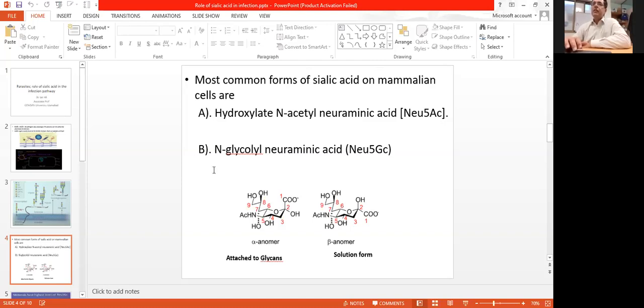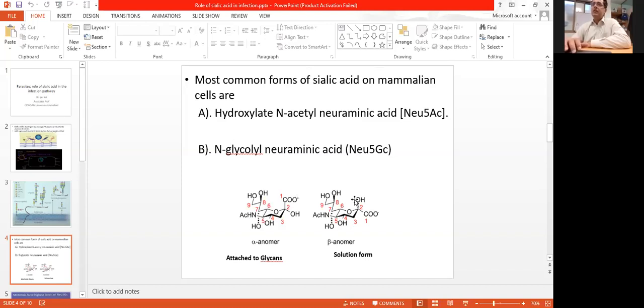And another common form of sialic acid on mammalian cells is the N-glycolylneuraminic acid, or NEU5GC. Okay, this is very important to remember, the NEU5AC and NEU5GC. These two are common forms of sialic acids found in mammalian cells.